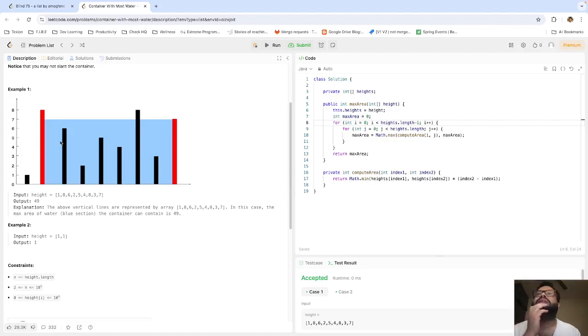I'm not sure about the correctness of this. Max so far. We only switch if we move till we find a greater one. Stop there. Calculate the area.